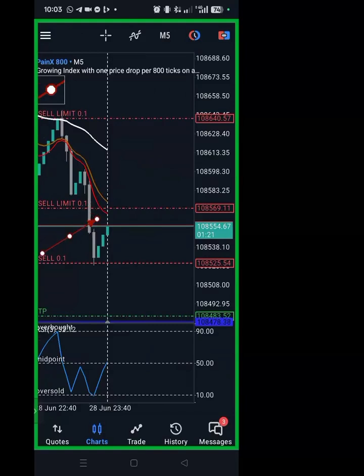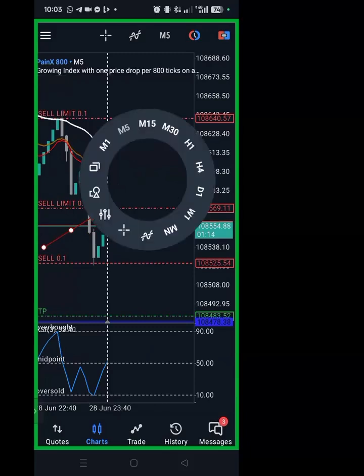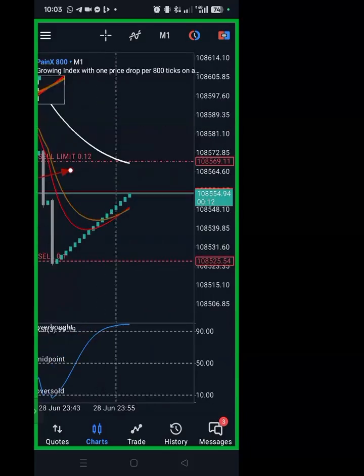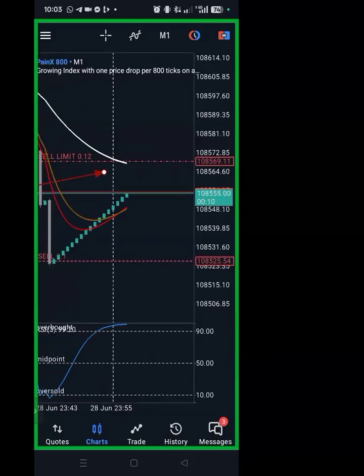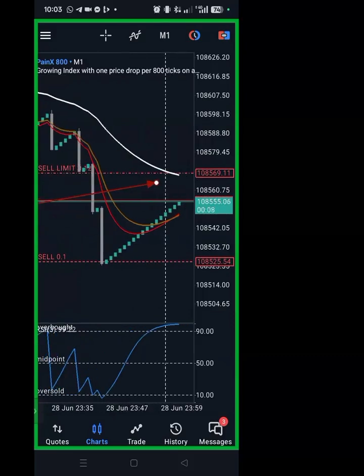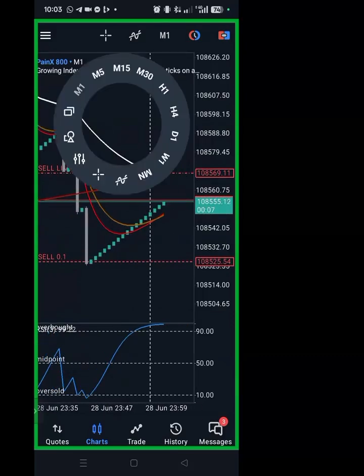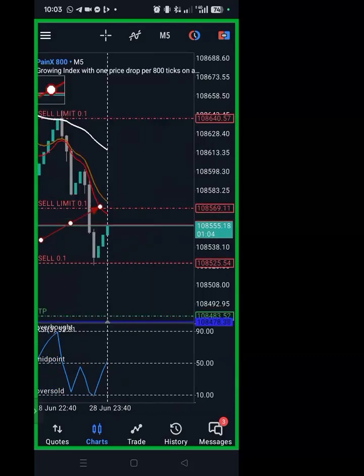So on a lower time frame, the market reacts when it reaches a larger moving average, while on the higher time frame, as you progress, the faster moving averages also react to price. You can see how the price reacted here.